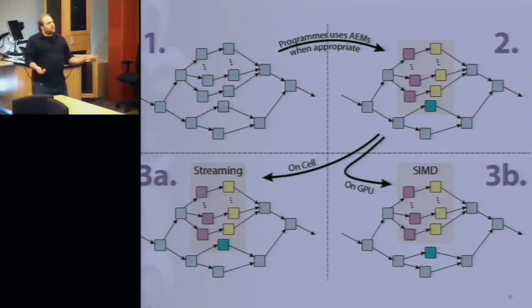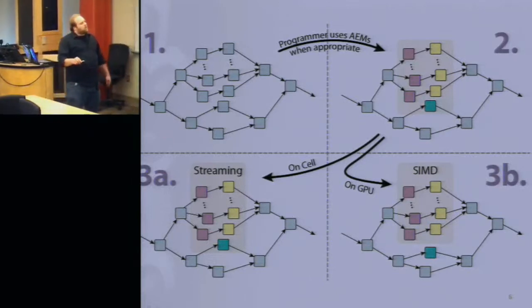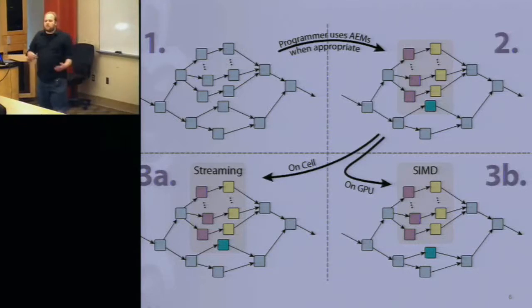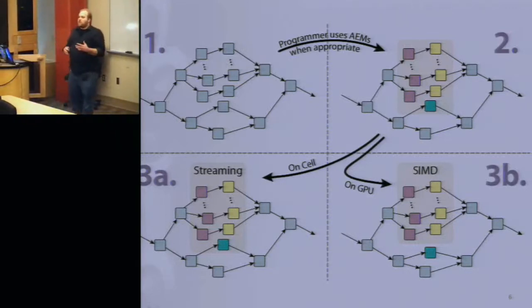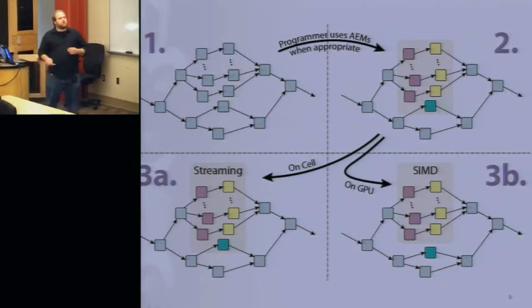For example, if you run on the host, it's going to behave exactly the same way as it did before. If you run on a Cell processor, the runtime system is going to use the entry methods as sort of chunks of work, and it's going to begin streaming those chunks of work through an available SPE or SPEs.